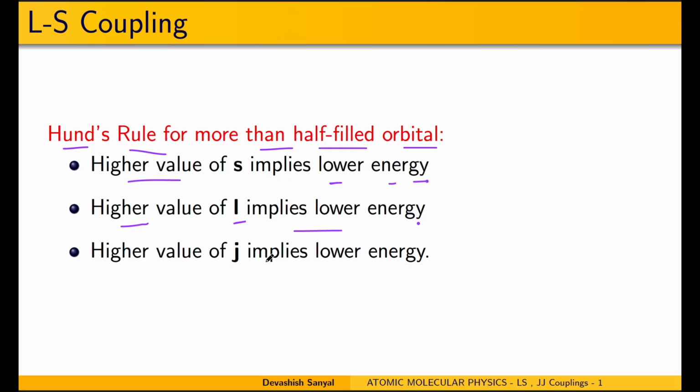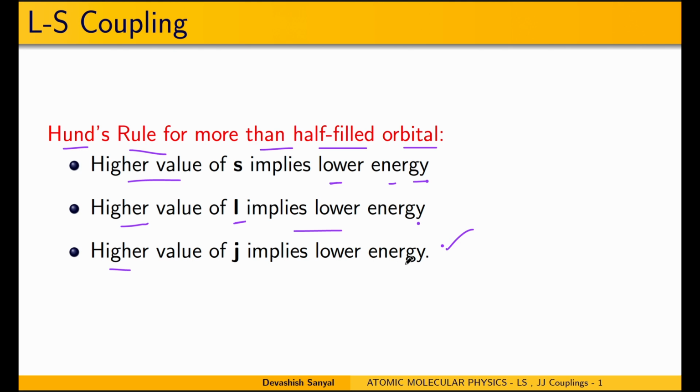And then higher value of J implies lower energy. This is the one that is different here. In the previous case it was lower the value of J, lower the energy. Here it is higher the value of J, lower the energy.